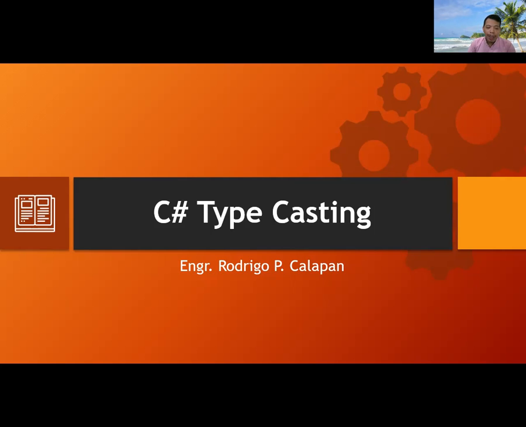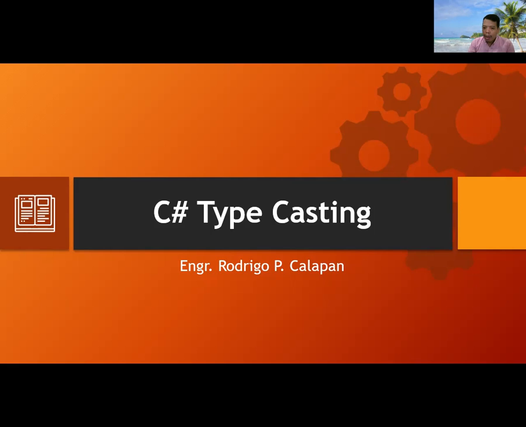Explicit casting is when we convert a larger type to a smaller size type, so from double to float to long to integer. Implicit casting converts automatically when passing a smaller size type to a larger size type.